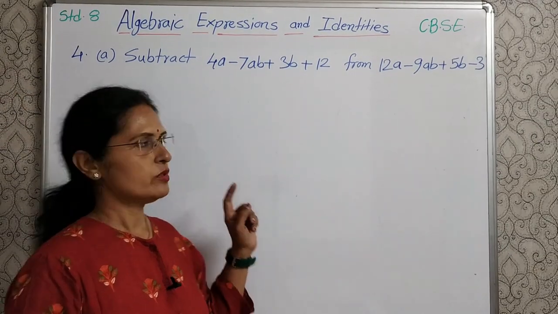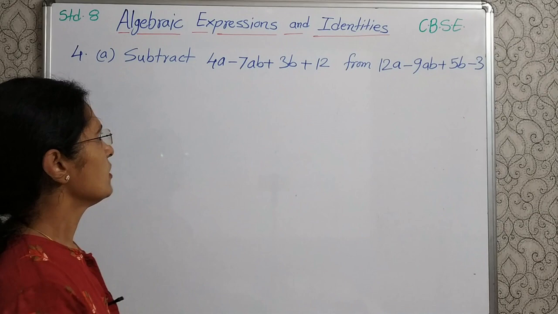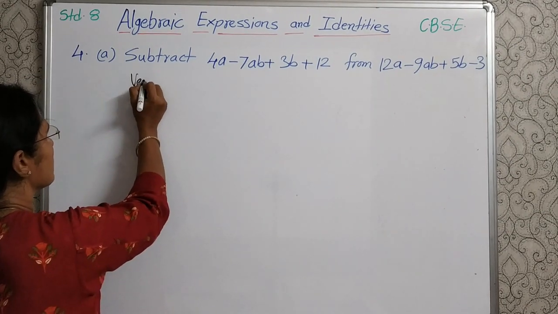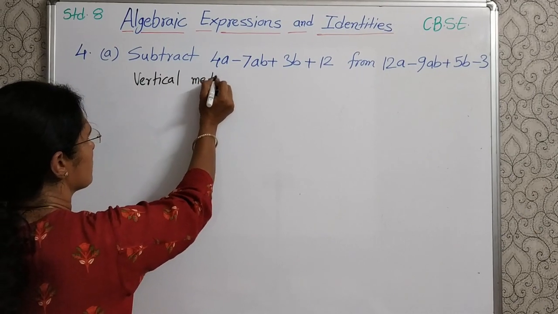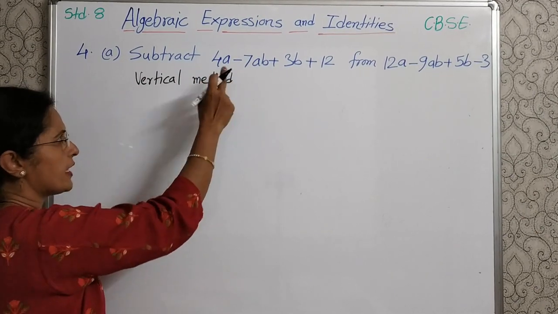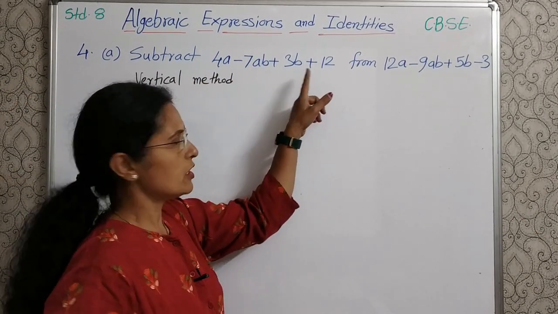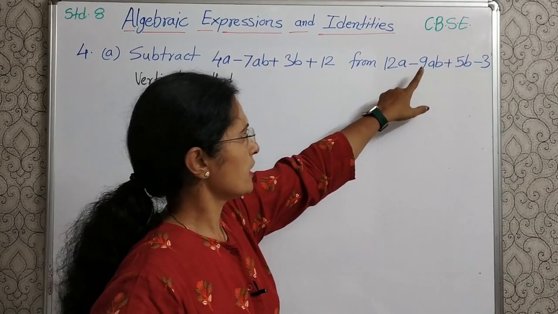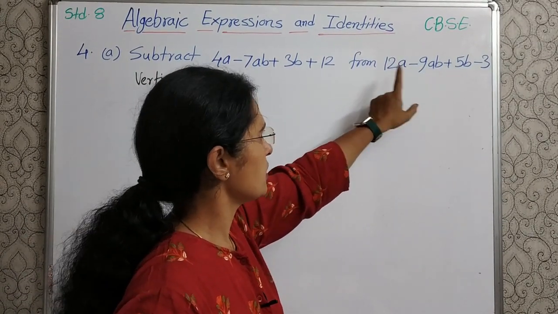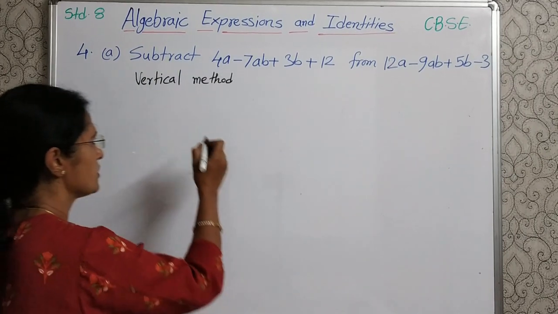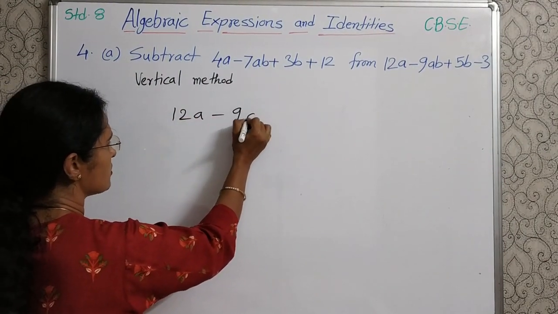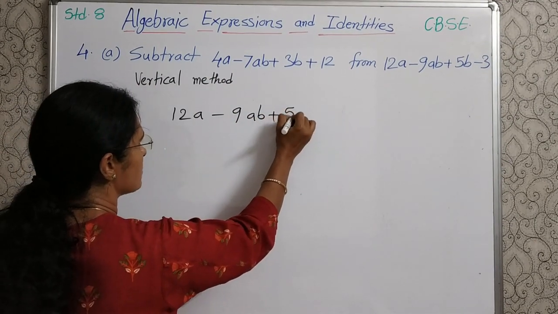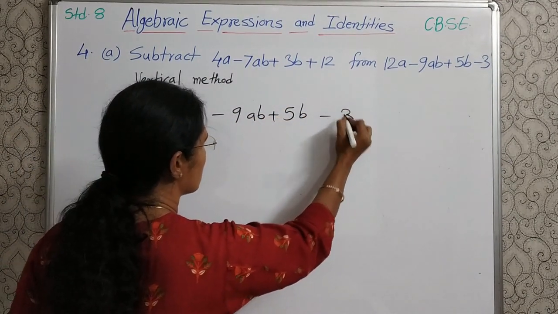Now the same sum will solve by vertical method. Subtract 4a minus 7ab plus 3b plus 12 from 12a minus 9ab plus 5b minus 3. So first we will write this expression, 12a minus 9ab plus 5b minus 3.